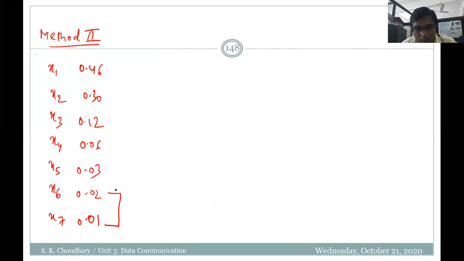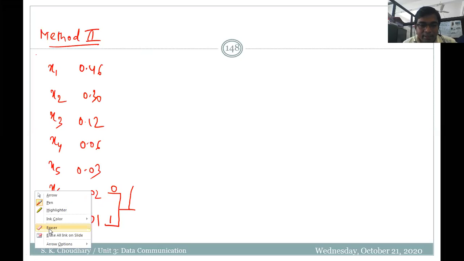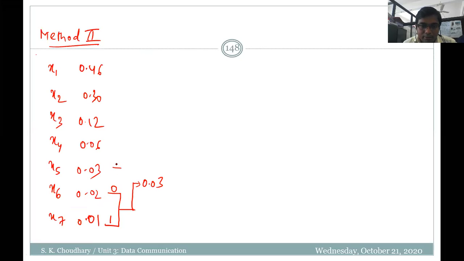Just assign 0 and 1, and the summation of these two probabilities is 0.03. But here we keep the summation where it equals the next upcoming probability, so we keep it on the level below that next probability. So 0.03 is the same as the next probability, that is 0.03.